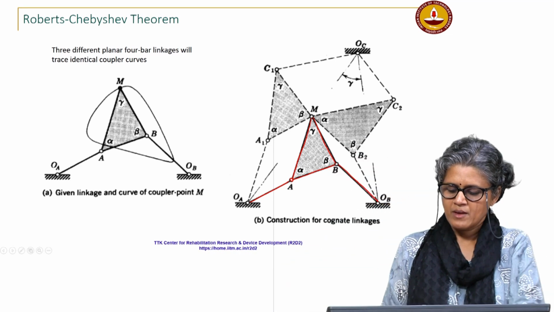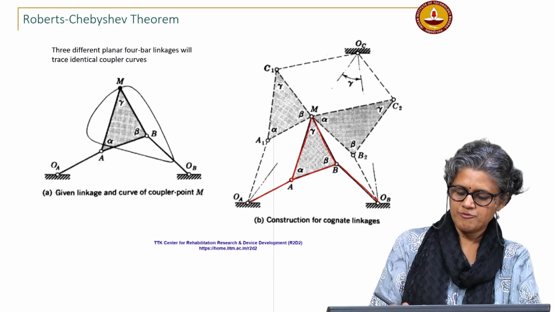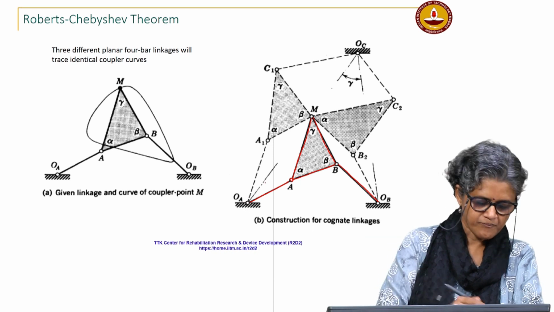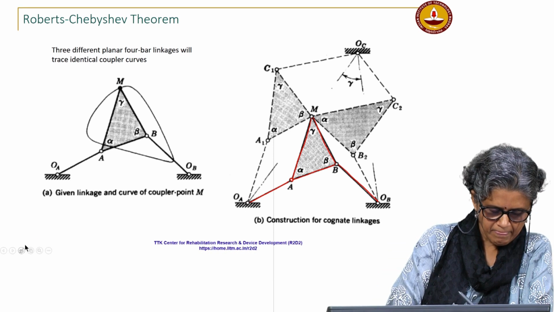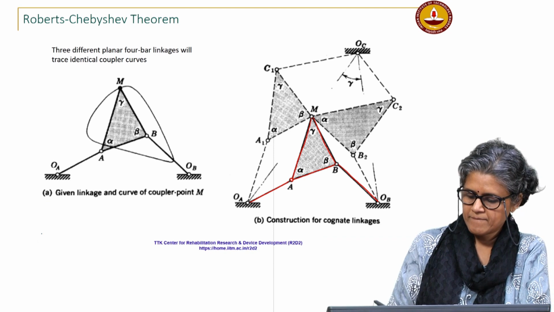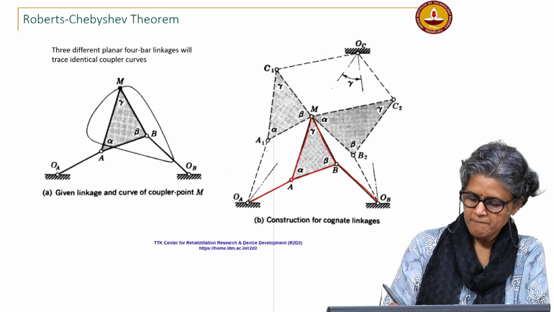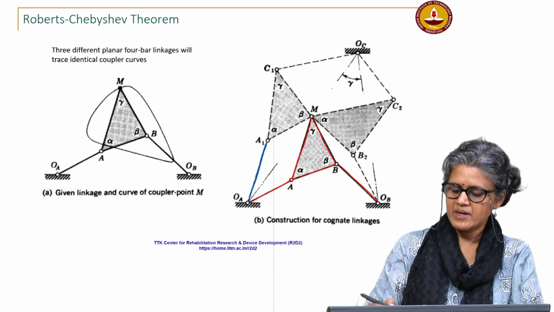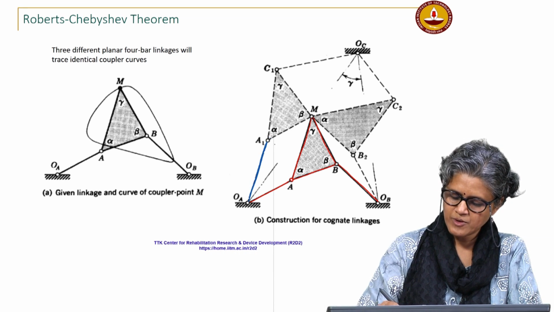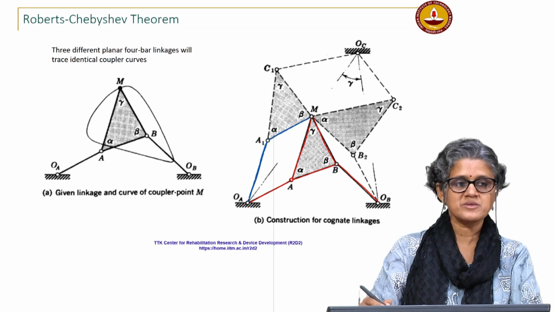Now, from OA you draw a line parallel to AM. And then a line parallel and equal to OA, so as to form this parallelogram.